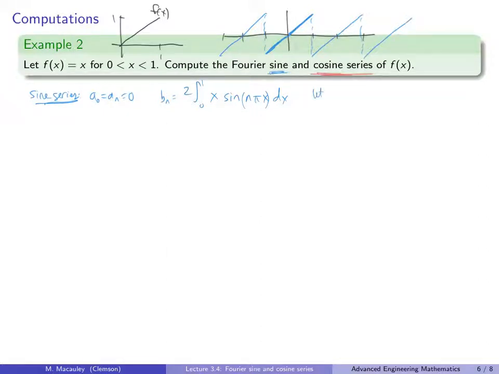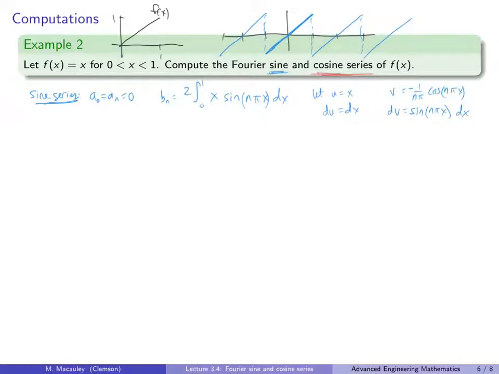So let u be equal to x, du equals dx, dv equals sine of n pi x dx, and v equals negative 1 over n pi times cosine of n pi x. And I always have to think, negative sign or not. When I take derivatives, I don't have to think, but when I take antiderivatives or integrals, I always have to think about whether that sign should go there or not.